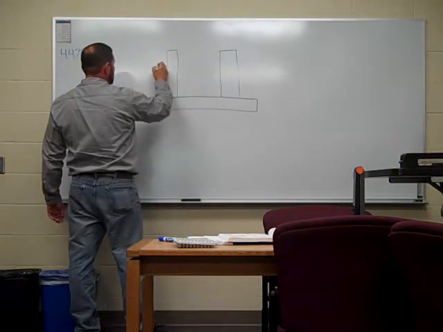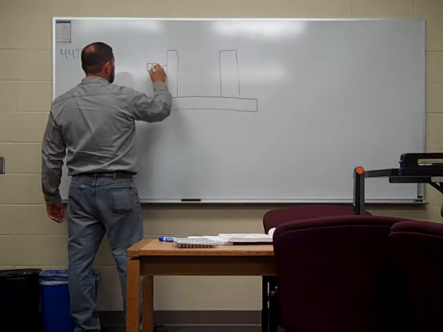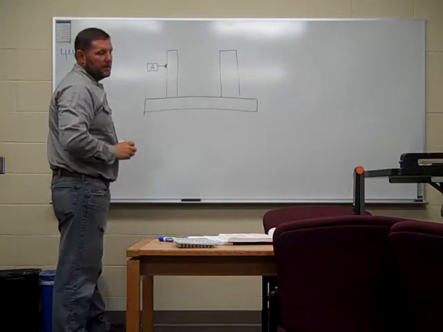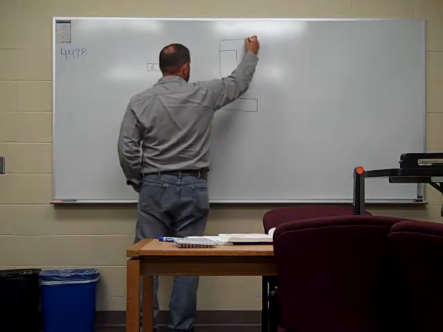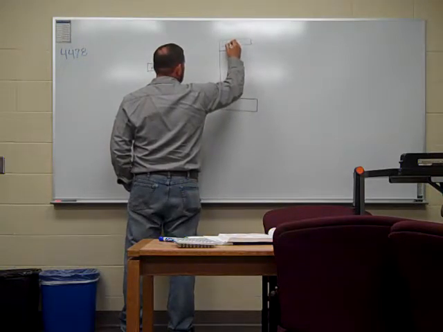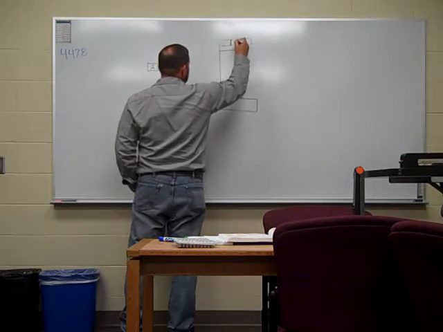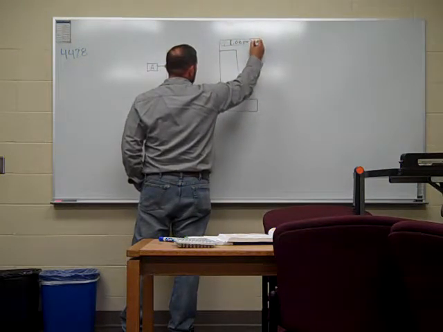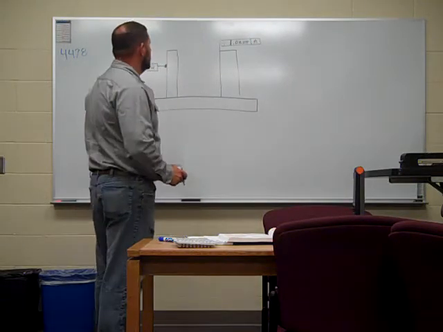They have a datum coming right off of here, datum A. Right there. They're telling you that this right here is parallel within what, 0.0625 to datum A. 0.062, whatever it may be.